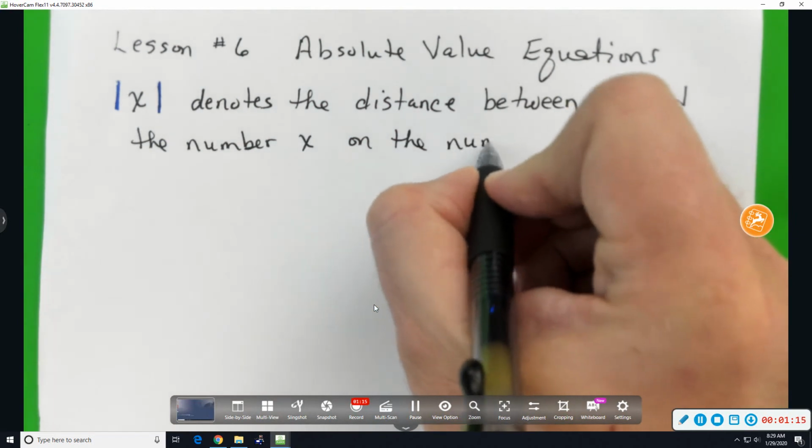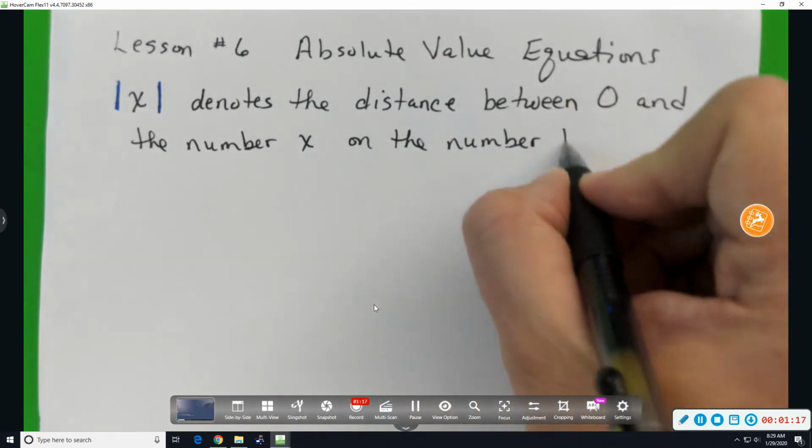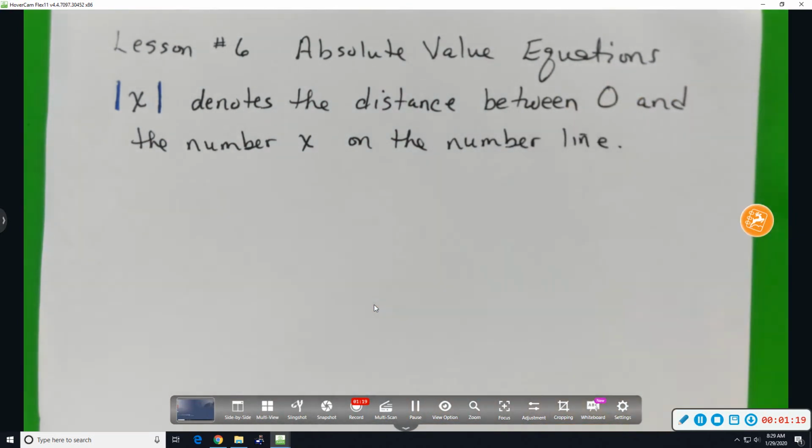The use of that word distance. Distance can never be negative. If someone asks you, what's the distance between here and Houston, it wouldn't make sense for you to say negative 220 miles. Okay? So absolute value never equals a negative number.